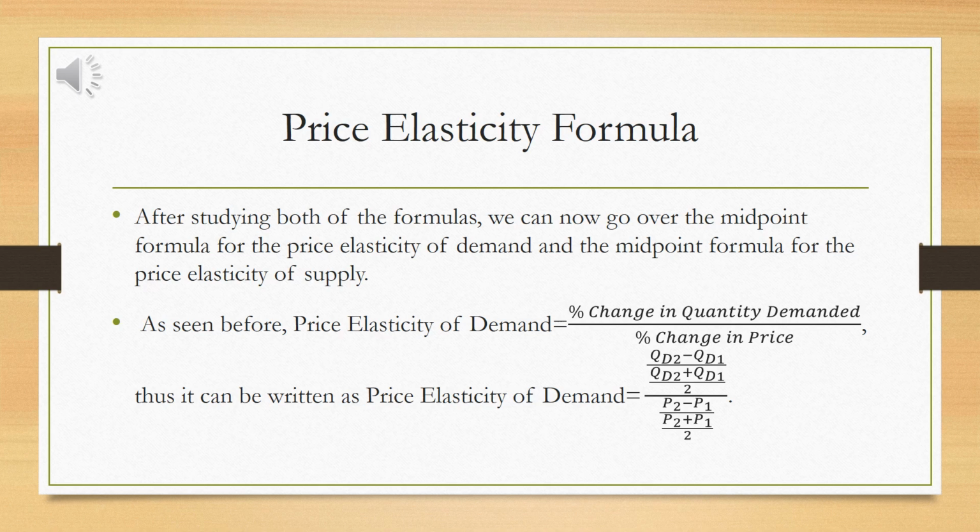Thus, it can be written as price elasticity of demand equals the new quantity demanded minus the old quantity demanded divided by half the sum of both quantities demanded, over the new price minus the old price divided by half the sum of both prices.